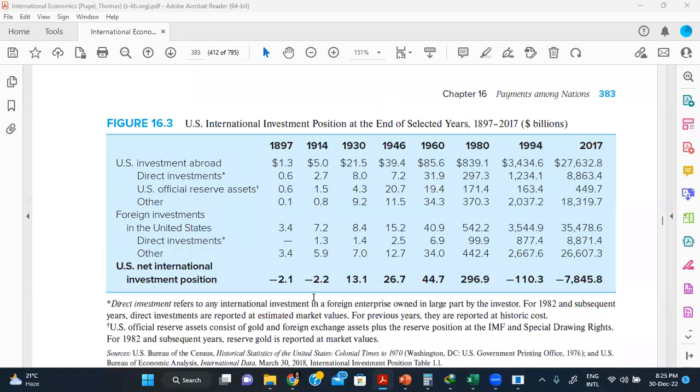Okay. Can you recall when the First World War happened? In which years was the First World War held?